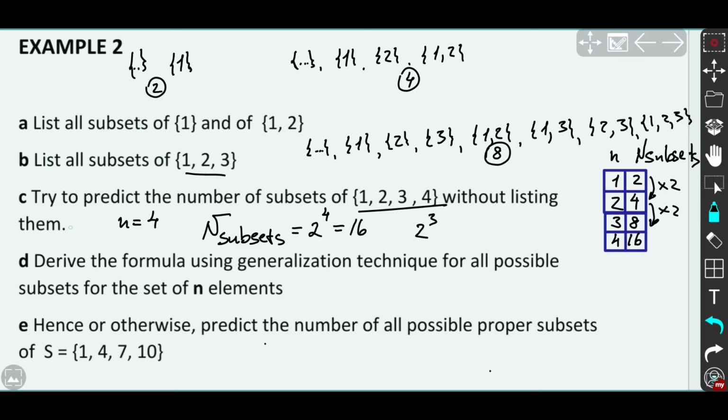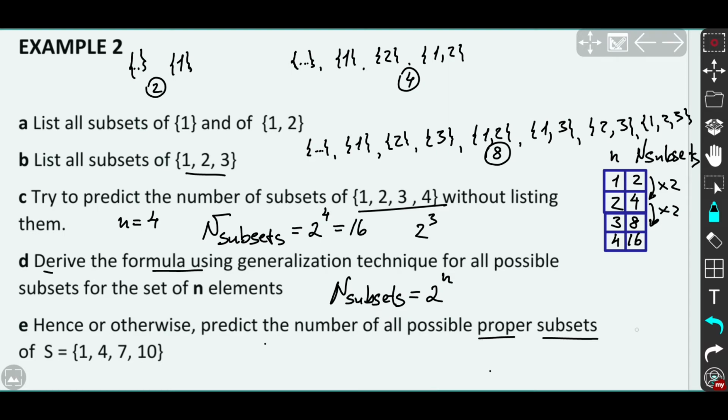So that's how we derive the formula using the generalization technique for all possible subsets, as we established on the previous step: 2 to the power of n. And hence we can predict the number of all possible proper subsets, proper except for the set itself.